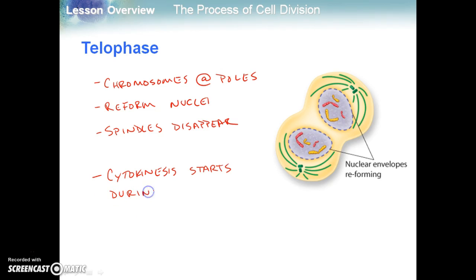They are two different processes because remember, mitosis is the splitting of the nucleus, which is essentially what we've done here. But cytokinesis is going to start during this telophase portion. And we can see that we start to have this indentation, this pinching action, which is going to separate these two new animal cells.